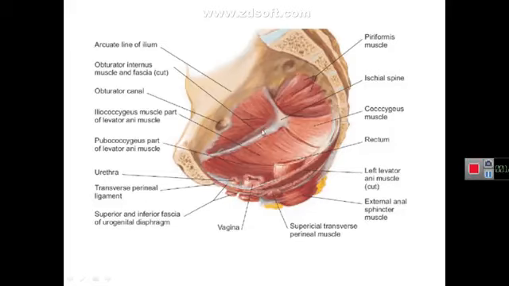The thickening in the fascia of obturator internus giving origin to levator ani is called the tendinous arch of the obturator internus fascia. Levator ani, according to its attachment, is divided into two parts. The more anterior part is called the pubococcygeus, while the posterior part is called iliococcygeus.